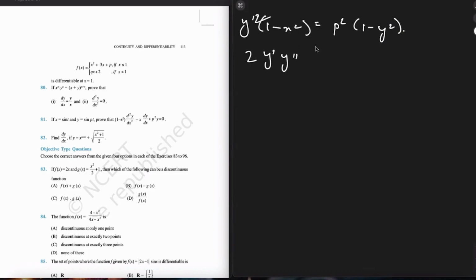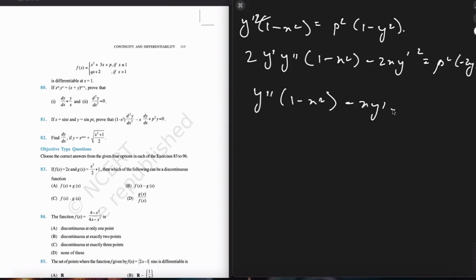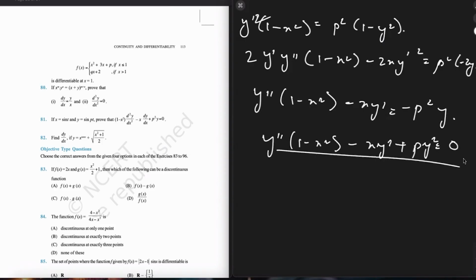Okay. (1 minus x square) minus 2x y dash whole square is equal to p square minus 2y y dash. So y double dash (1 minus x square) minus x y dash is equal to minus p square y, and y double dash (1 minus x square) minus x y dash plus p square y equal to 0, to prove.